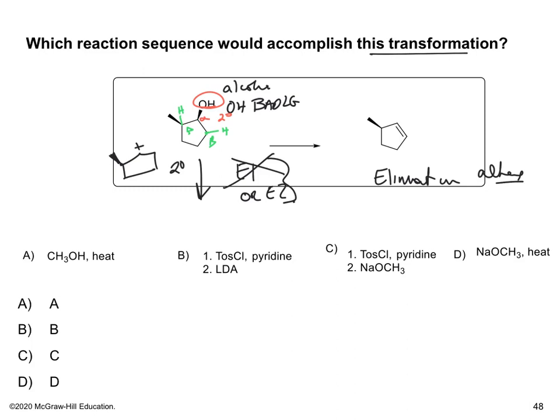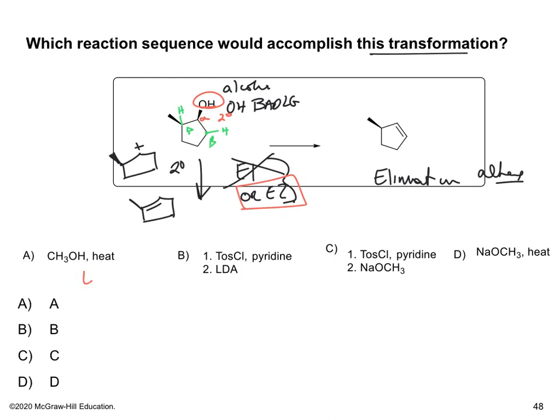Okay, so there's your carbocation. Well, it's going to rearrange. You will get your most thermodynamically stable product for an E1, which would be this. And look, we didn't get that. So this is going to have to proceed by an E2. So I've got to think of E2 conditions. So it's not going to be acid and heat.